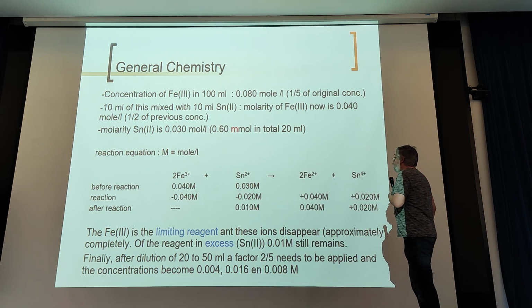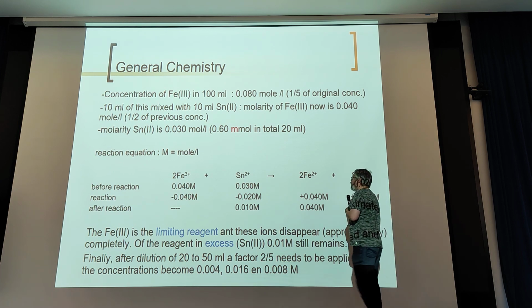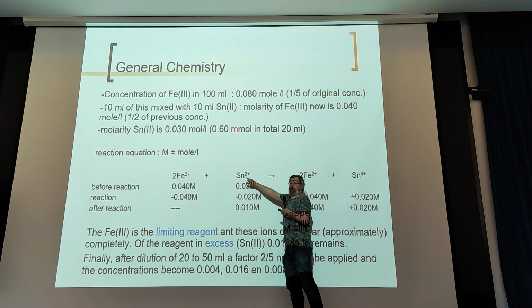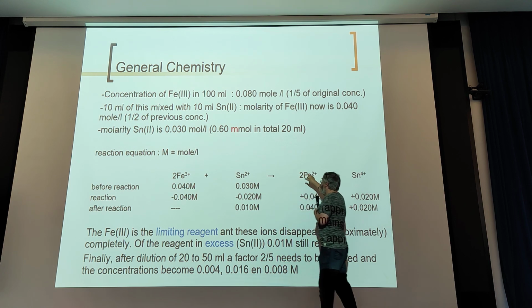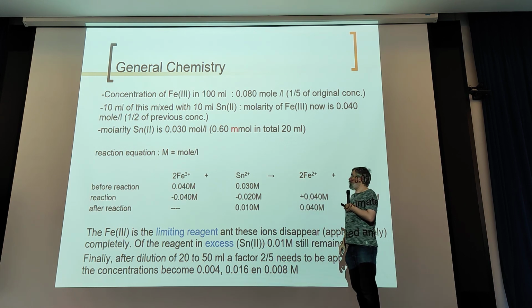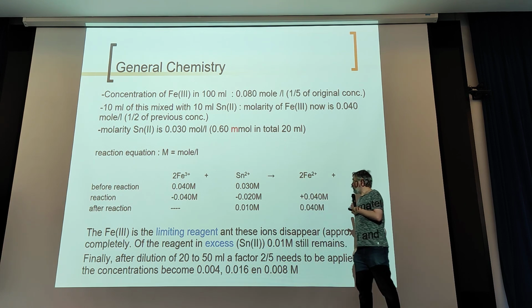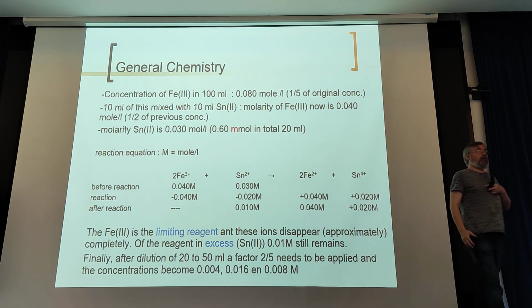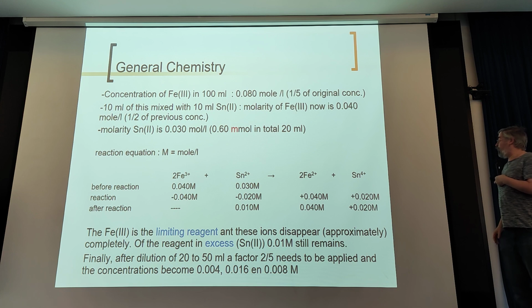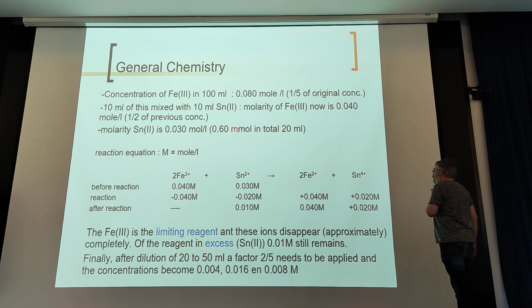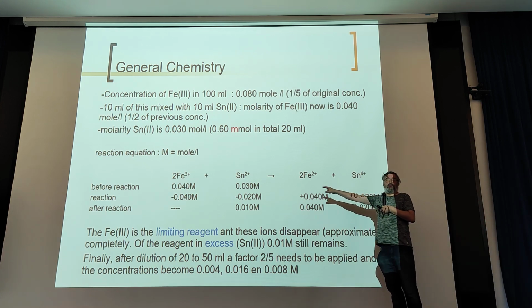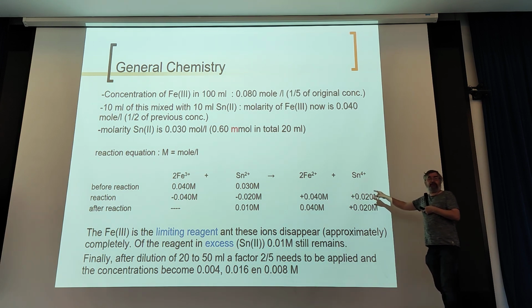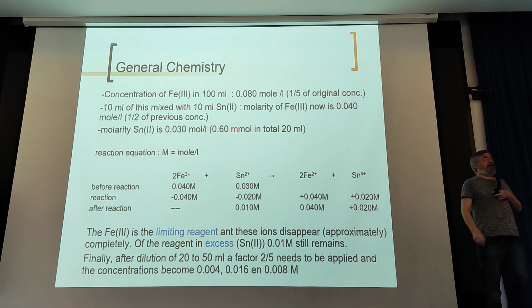Now the iron 2 plus that is formed, we can see there's 2 times as much as the tin 2 plus that has disappeared. So that's 40 millimolar. At the end, we will have 40 millimolar of the iron 2 plus. What about the tin 4 plus? For every tin 2 plus, there is a tin 4 plus being formed.